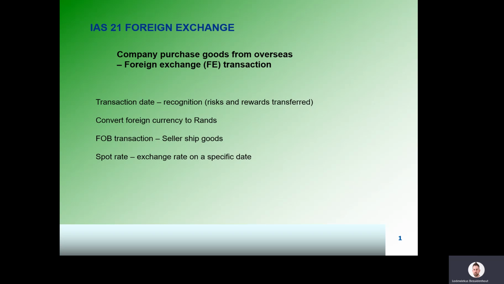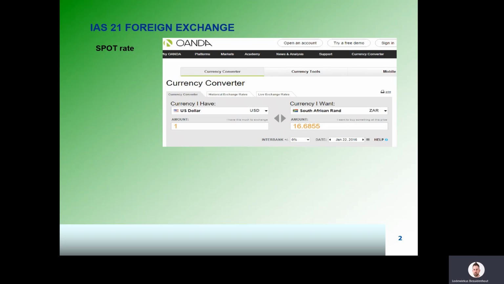All right, the spot rate, that's a term we use for the exchange rate on a specific date. So normally all transactions will be included in the books at the spot rate. All right, so there's a screenshot of OANDA, a currency converter that you can use.